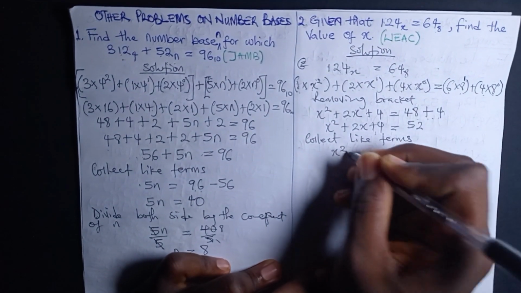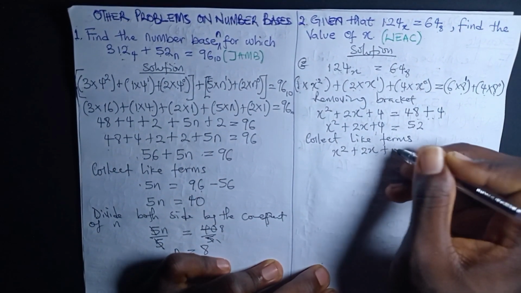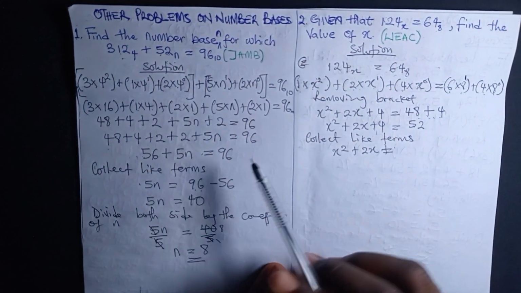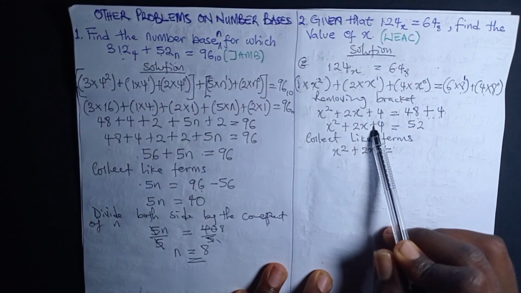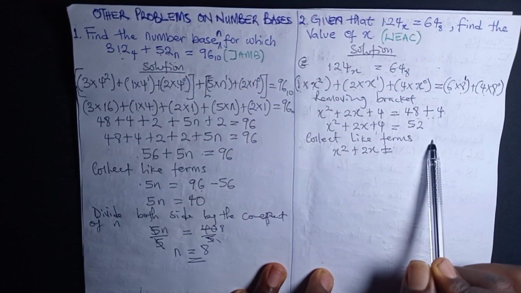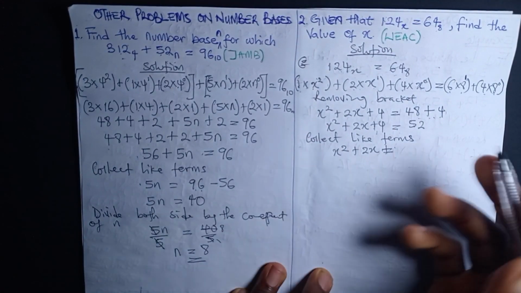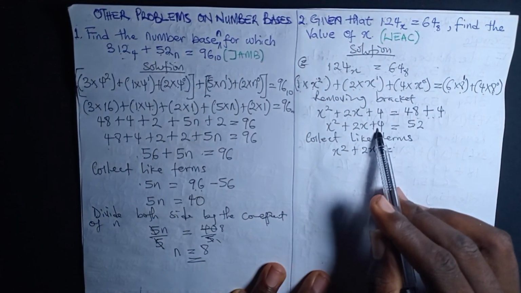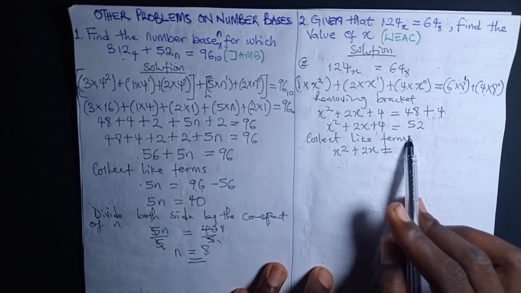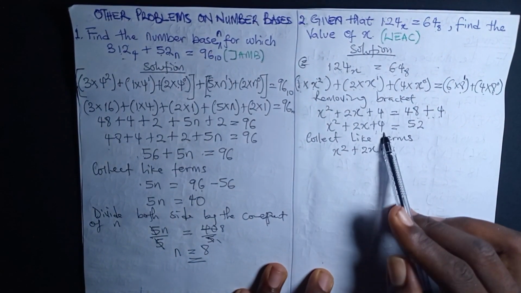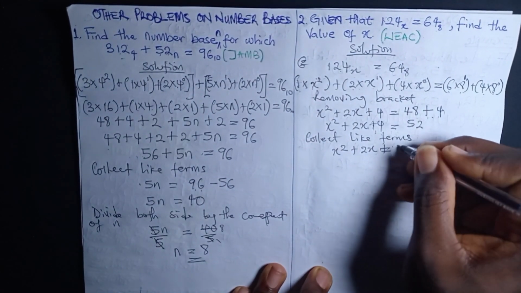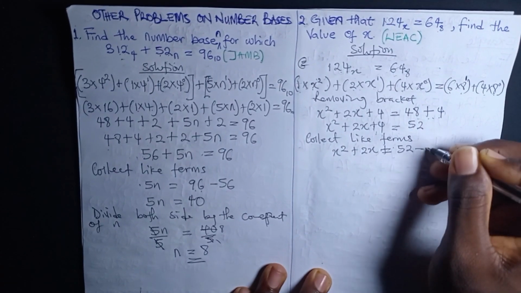So what we have is x squared plus 2x equal to, remember from what I explained earlier, that whenever a number having a plus sign crosses the equality sign, it turns to what? Negative. The same thing if a number having a negative sign crosses the equality sign, it turns to positive. So 4 is having a positive sign, and as it crosses this equality sign, it turns to negative. So it will be 52 minus 4.